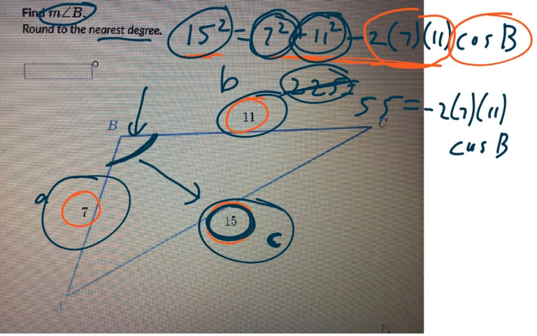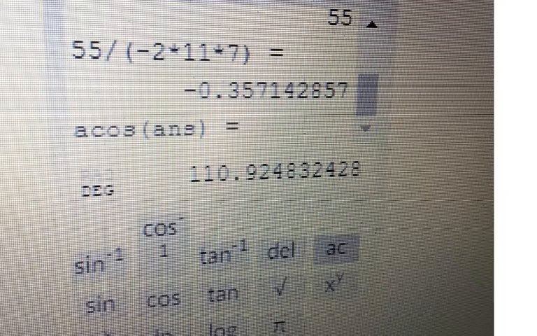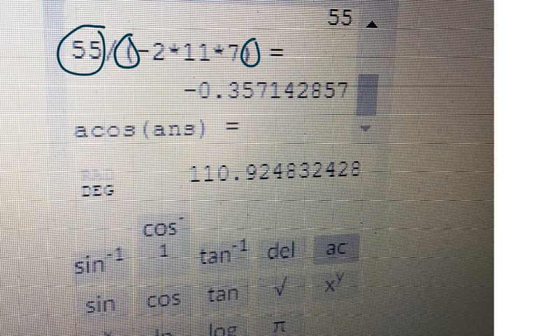Now what I'm going to do is I'm going to divide both sides by this number here to leave cosine B by itself. So cosine B is going to equal 55 divided by that mess. So if you notice right here, I took 55, I used the parentheses to bunch it together, and I did negative 2 times 11 times 7.